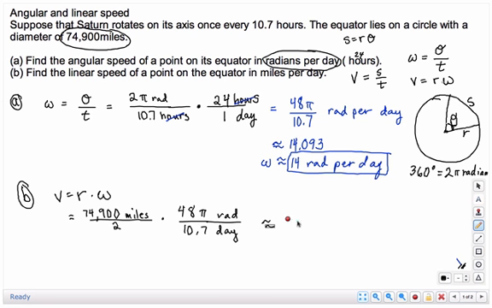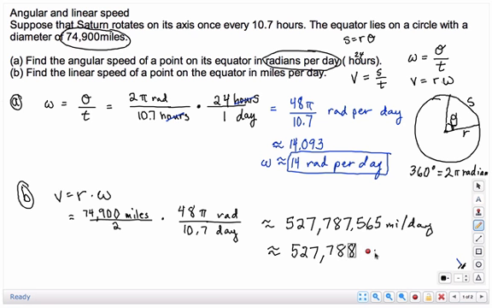That is approximately 527,787.565 miles per day. We round that to the nearest whole number, and that's 527,788 miles per day. And that is how you find linear and angular velocity.